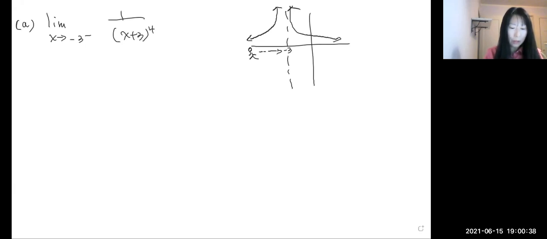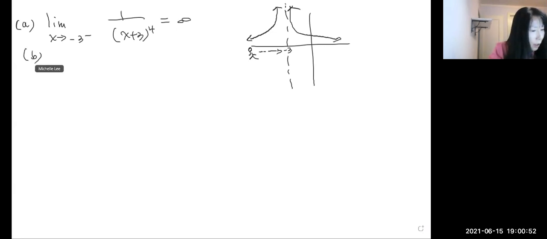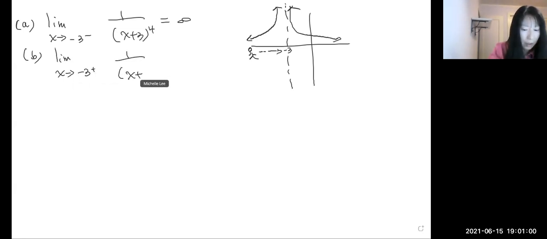So what's the limit? What's the function value? Hurry up, we don't have time. Positive infinity, right? Good. The same, positive, for that one too.